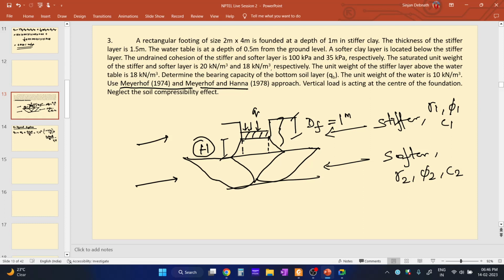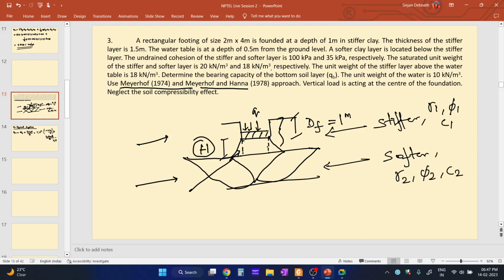It is punching. This dotted line is actually a vertical shear plane. It is totally hypothetical and theoretical.